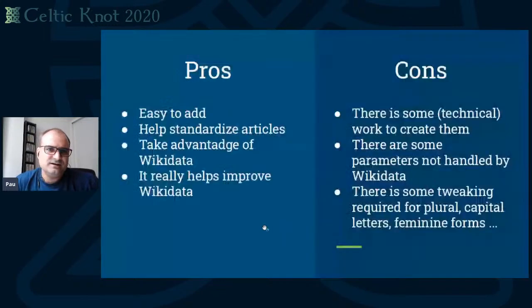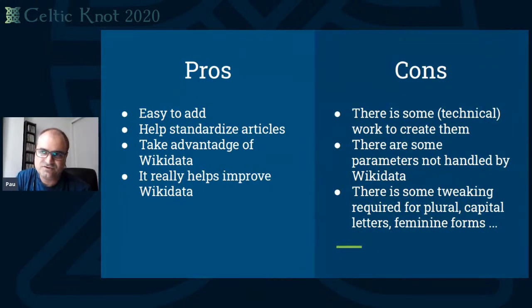What about the pros and cons? The pros are these kind of Infoboxes are easy to add, very easy, as you have seen. They help you standardize articles. You take advantage of Wikidata. There is a lot of information on Wikidata, and you can take advantage. If you are a small wiki, you will never have as much information in local as there is in Wikidata, and it really helps improve Wikidata.